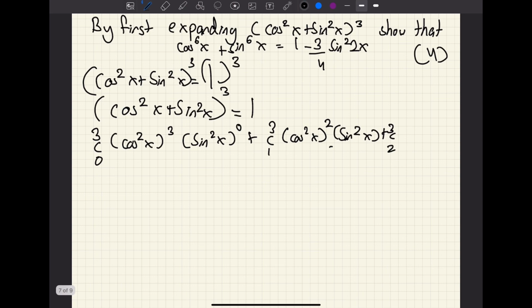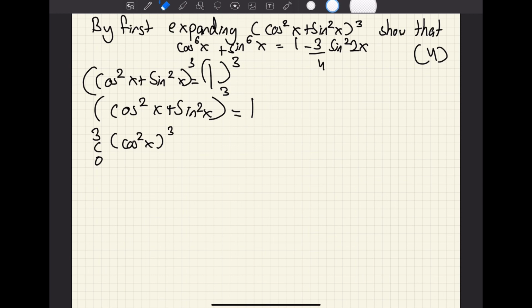You should know that anything to the power of 0 is equivalent to 1. To save space, I'm just going to be moving on.